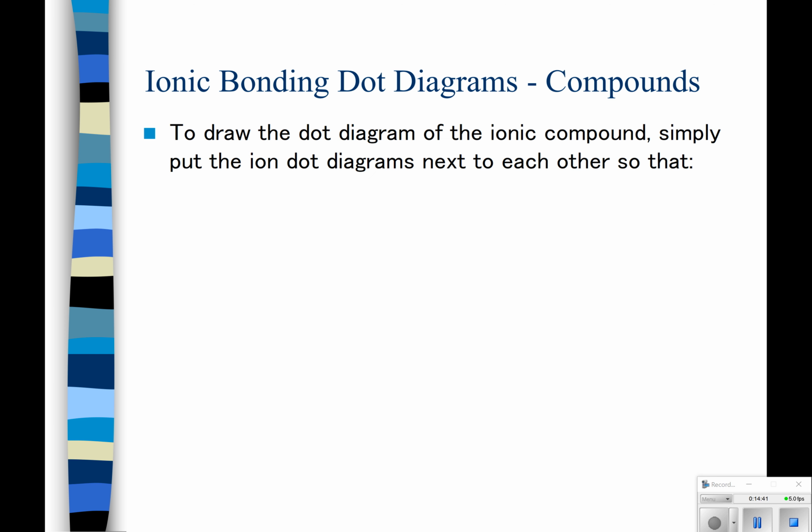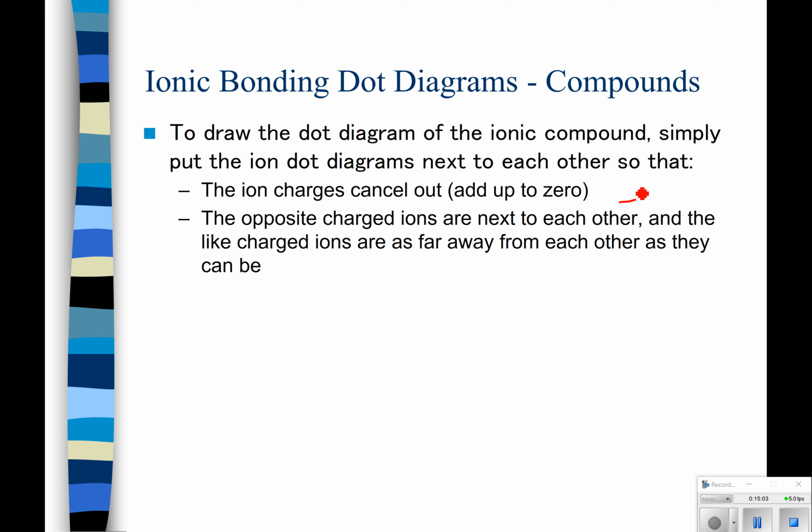Now, when we put these dot diagrams of ions together to show a compound, we want to draw the dot diagram in a way that accomplishes a couple things. We arrange them in such a way that the ion charges cancel out and add up to 0. So we're going to have things like a +1 and a -1.